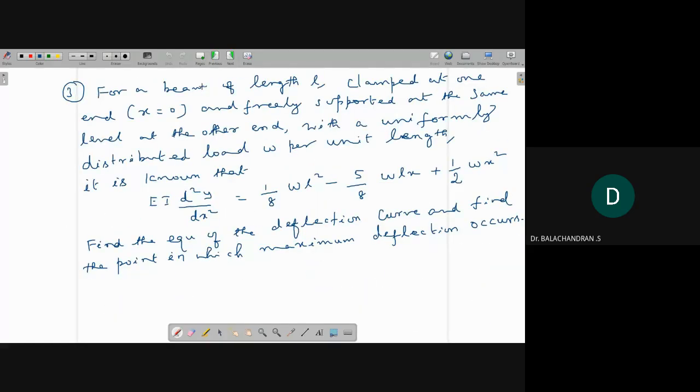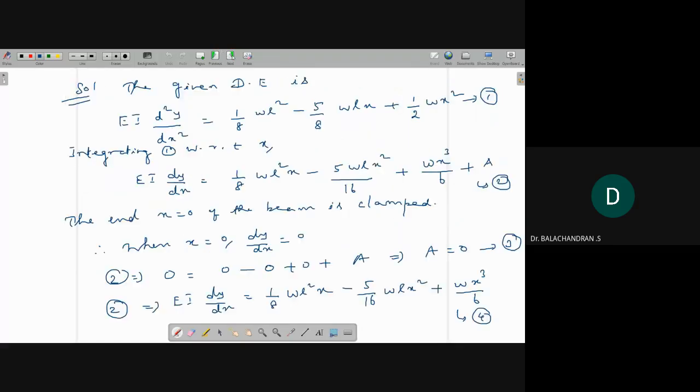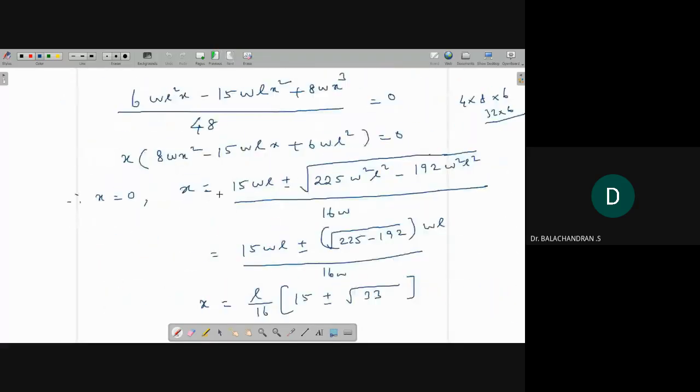It is given that the length of the beam is L. This point, 15 plus root 33, means it exceeds 16. Root 33 is around 5 point something, so it is 20 point something. 20 divided by 16 is more than 1, so it is more than L. So the point is beyond the beam; x is not in the beam.